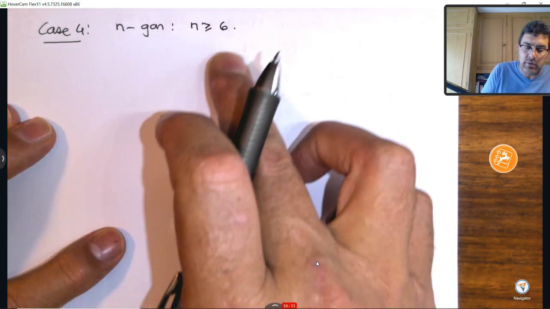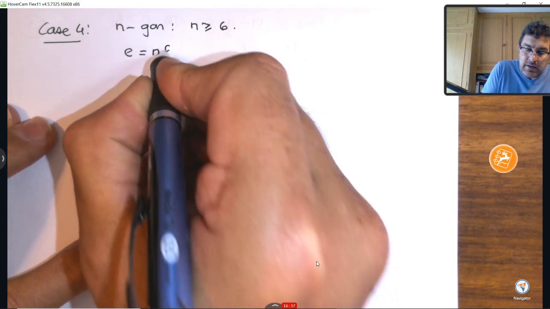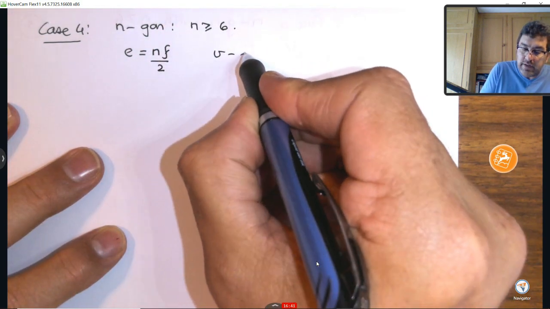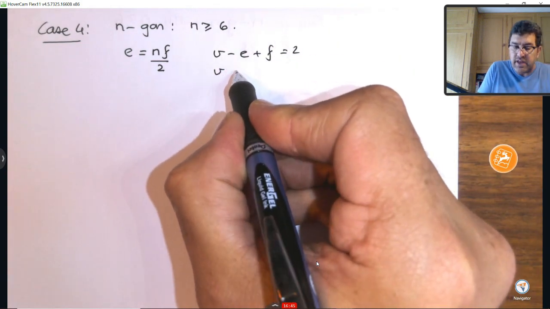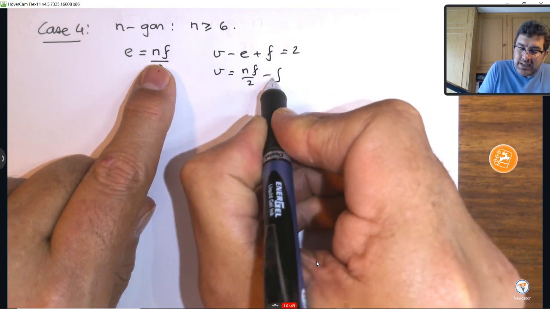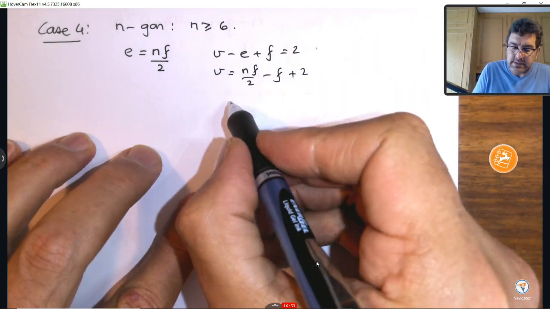So if we know this, then the number of edges will be n times the number of faces halved. By Euler, v minus e plus f is still 2, so the number of edges will equal nf over 2 minus f plus 2 if I just throw everything over to the other side.